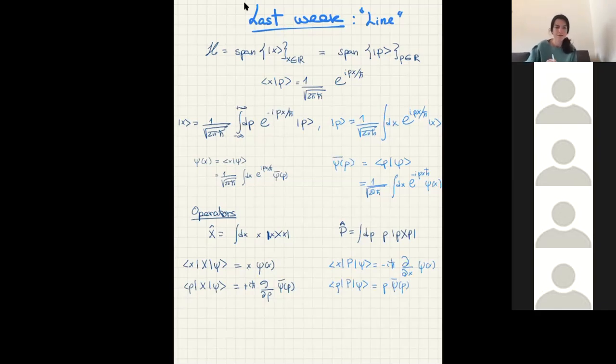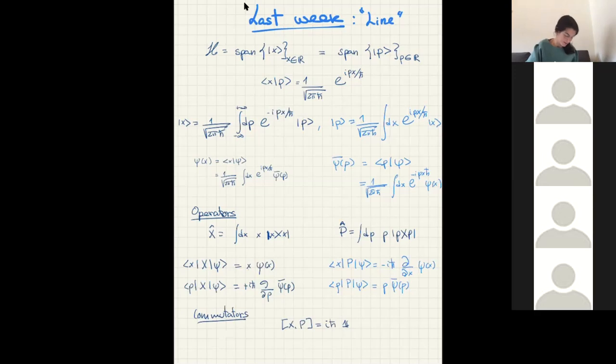Okay. And then the last thing we looked at was commutators, because they'll be very important for dynamics. And the main thing is that x and p have the commutator IH bar identity.